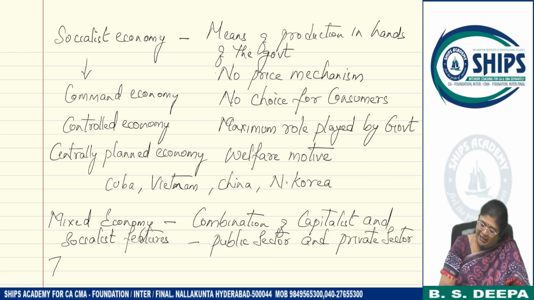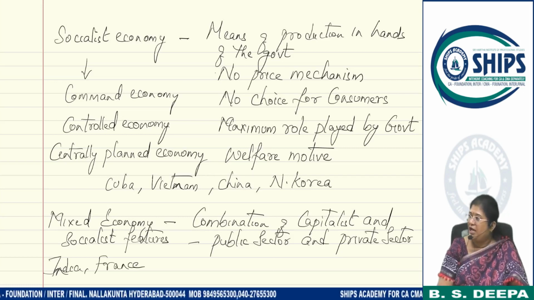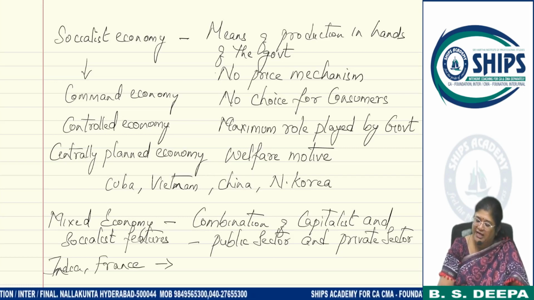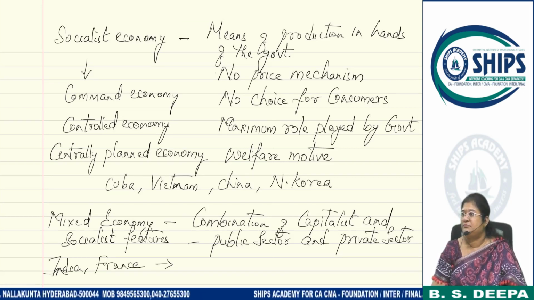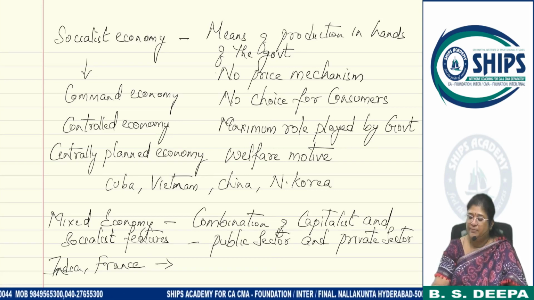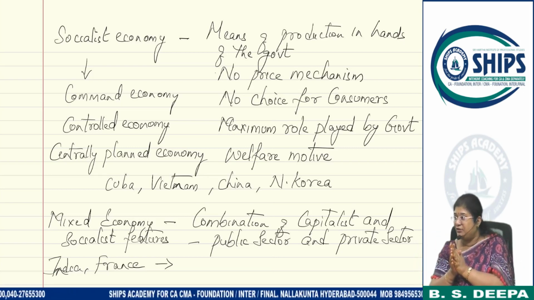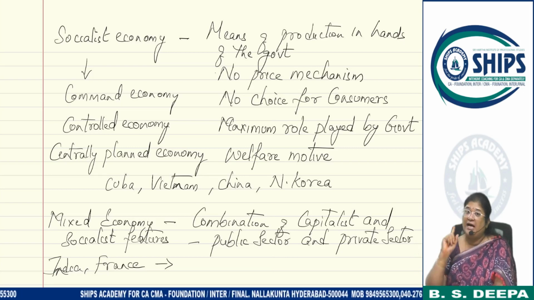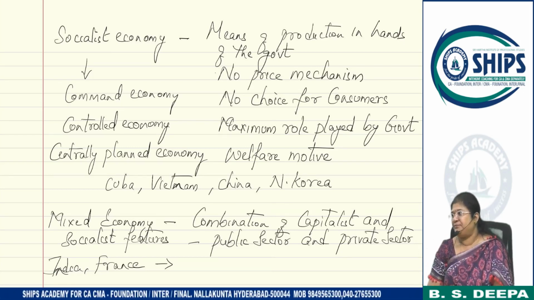So you find India, France, okay, and many other countries following examples of mixed economy. Now, because public and private sector should work together towards the same goal, planning plays a very important role in the mixed economy.